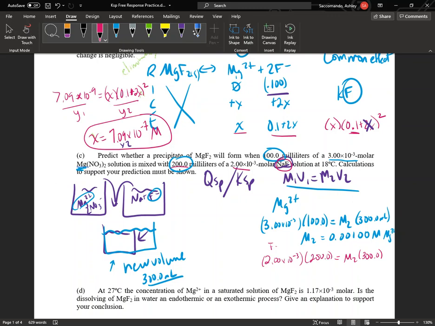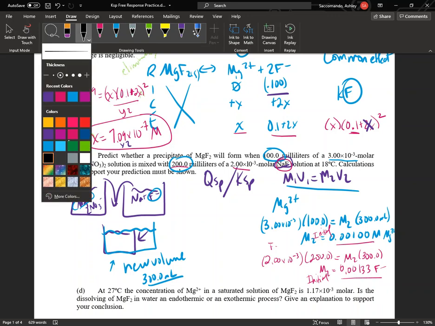So 2 times 10 to the -3 times 200 divided by 300 gives me my new molarity, which is 0.00133. This is the fluoride. These are considered the initial concentrations, so that's why these are used to find QSP.